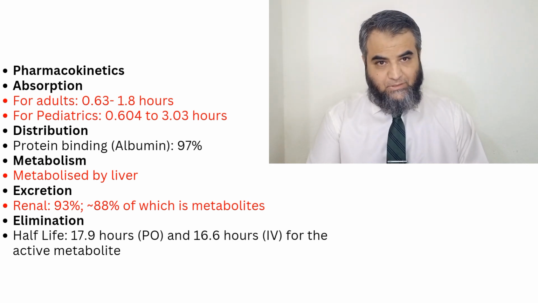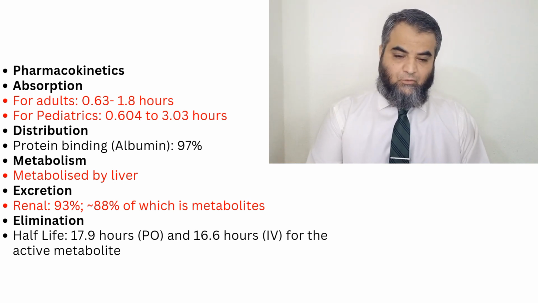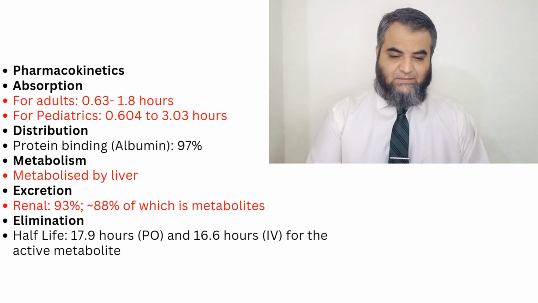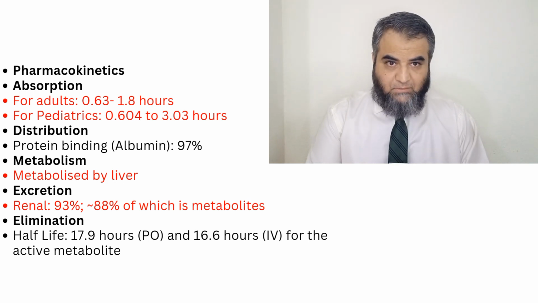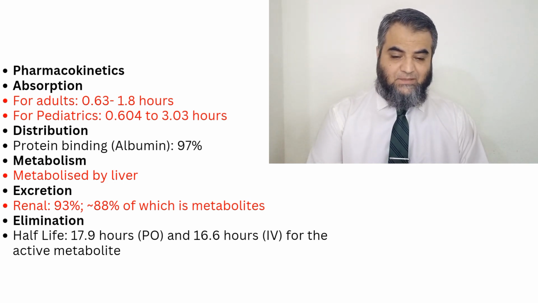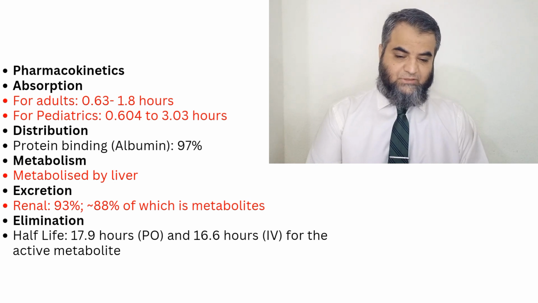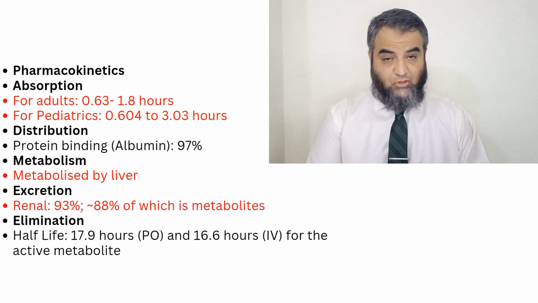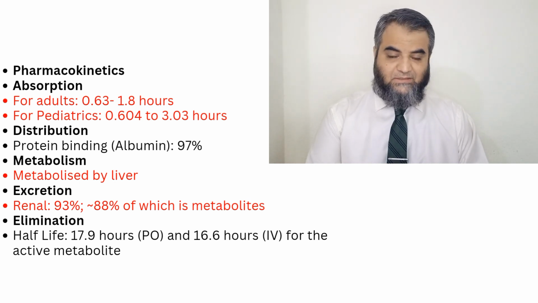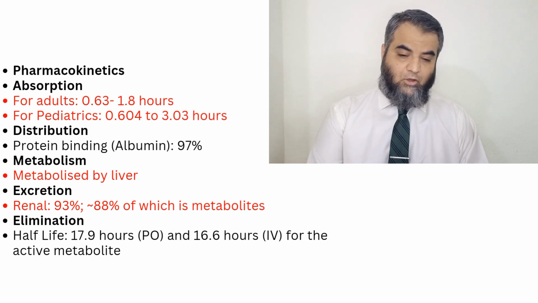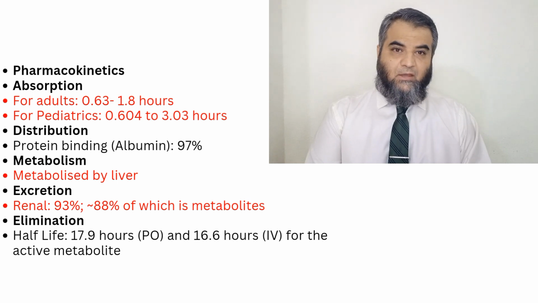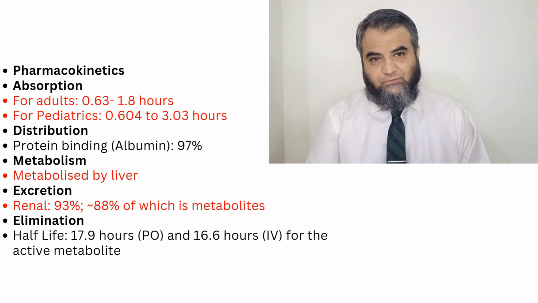Its active component, as I mentioned, is mycophenolic acid, and it is excreted mostly by the kidneys, 93%, and also in feces and bile. Its half-life is 17.9 hours. So this is a basic and brief description of the pharmacokinetics of this medicine.